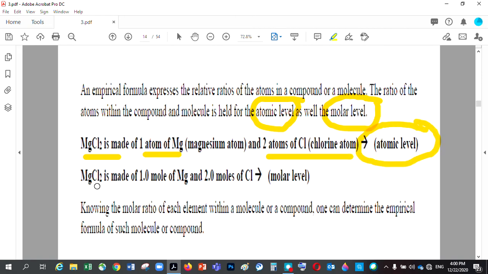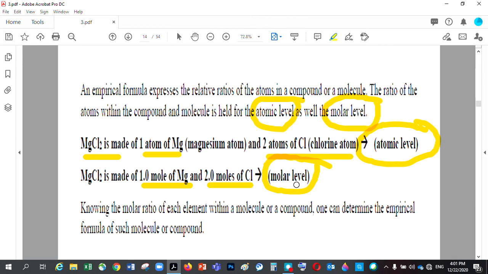Or I can say, I have 1 mole of magnesium and 2 moles of chlorine atoms. So I have the molar level. So it's really a ratio of the atoms within the compound or molecule, which is held for both molar and atomic levels, whether you consider the number of atoms or the number of moles.